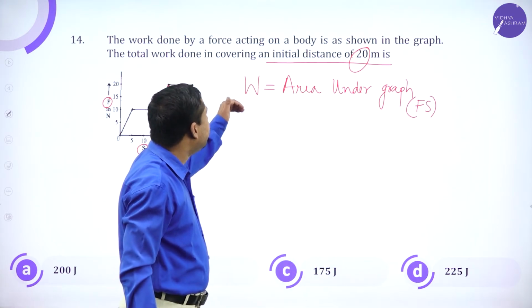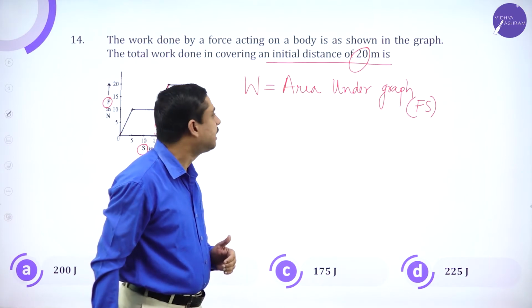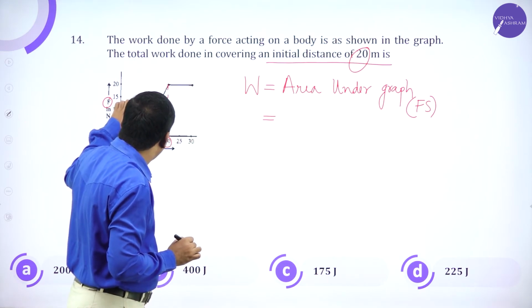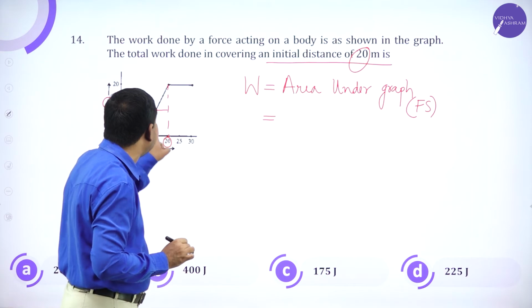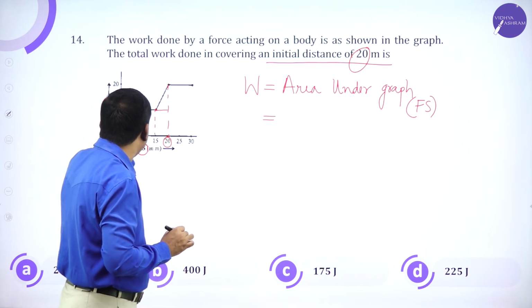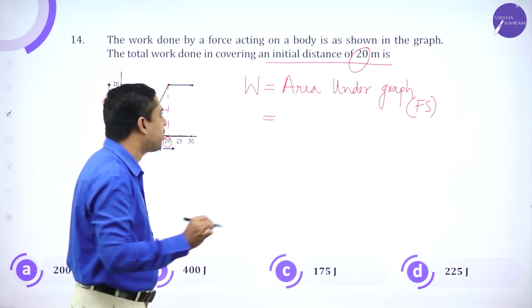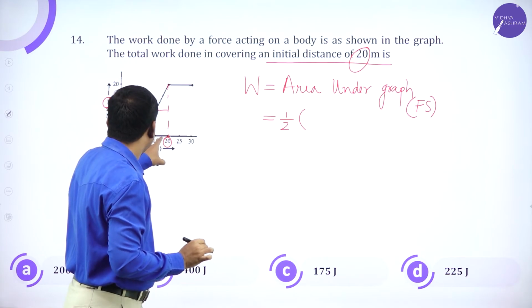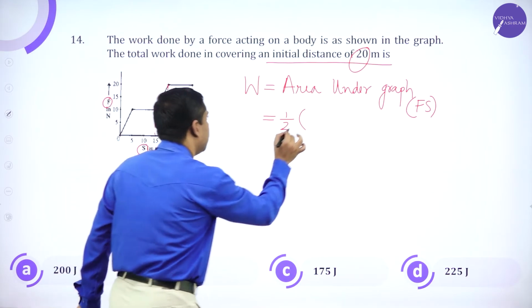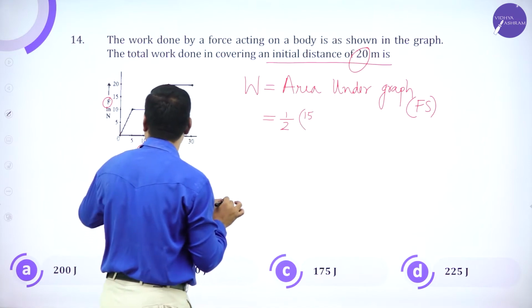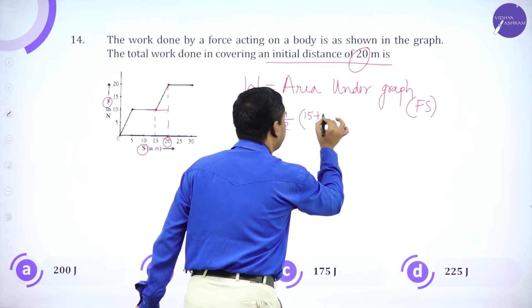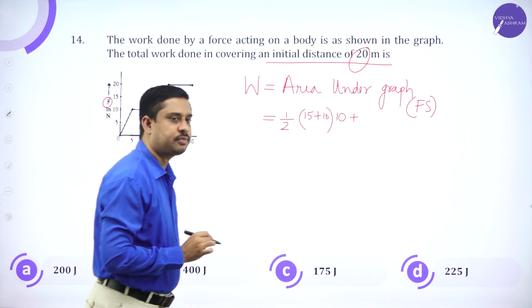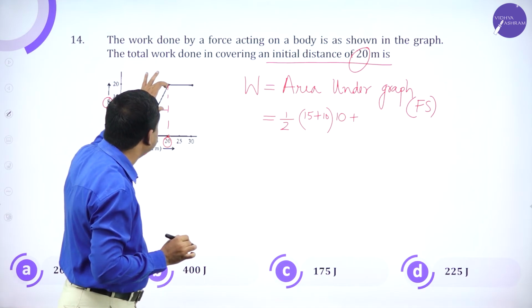So work done is the area under the graph, which is equal to, first we find the area of this trapezium, the first part of the area, which is half into the sum of bases, 15 plus 10, into 10, plus area of this triangle.